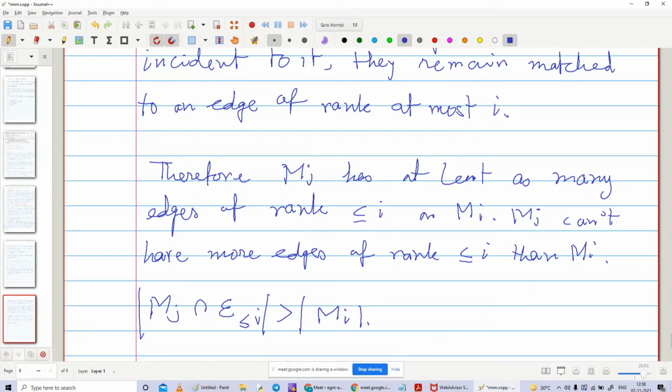But Mi is a maximum matching of G prime I. So it cannot be the case that Mj has more edges of rank less than or equal to I than Mi, because it would be a contradiction, since Mi is a maximum matching of G prime I.